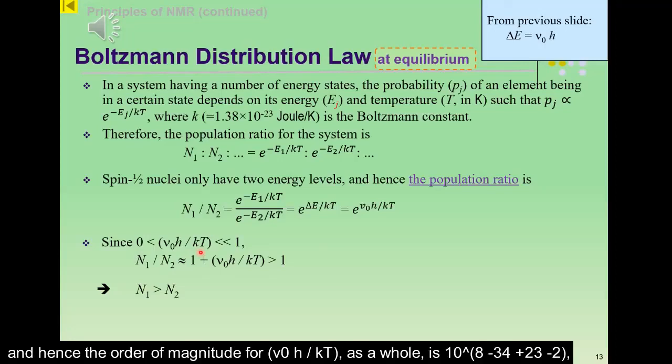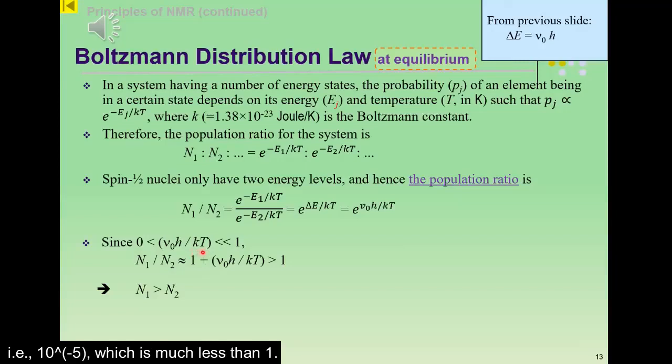And hence, the order of magnitude for V naught H divided by KT as a whole is 10 to the power of 8 minus 34 plus 23 minus 2, i.e. 10 to the power of minus 5, which is less than 1.